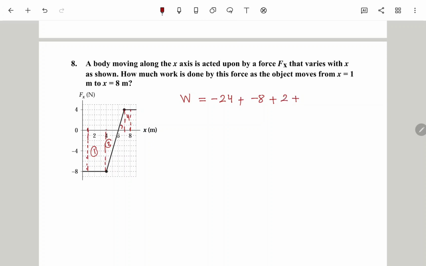Plus, this is a rectangle with length equal to 4 and width equal to 1, so 4 times 1 is just 4. In total, the work done by this force is equal to minus 26 joules.